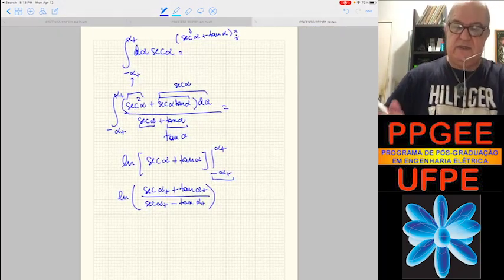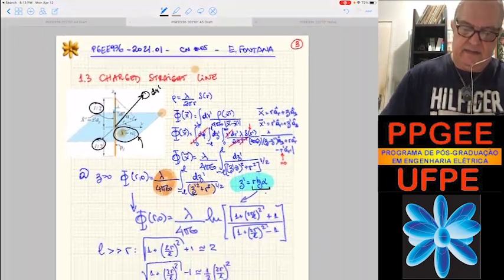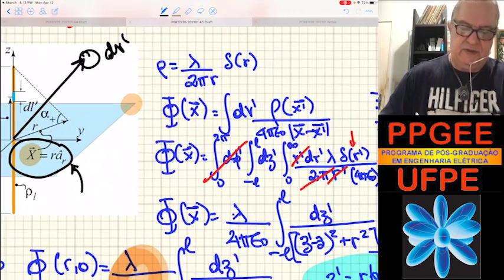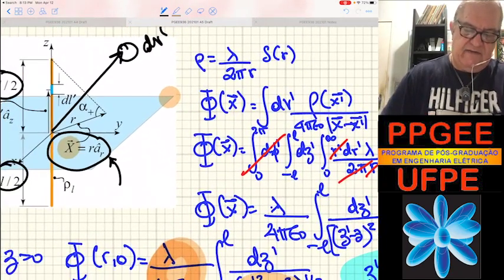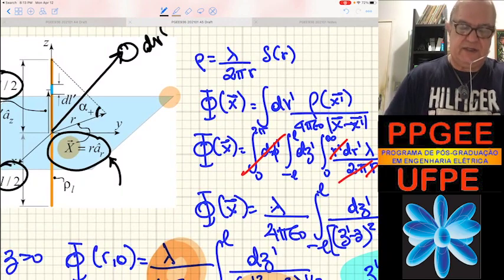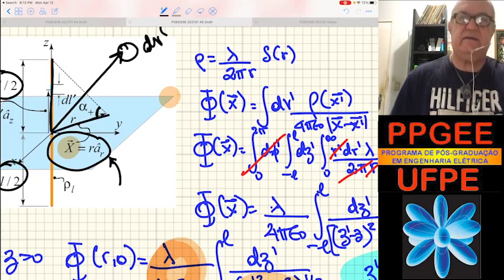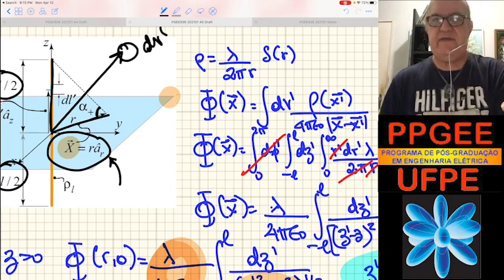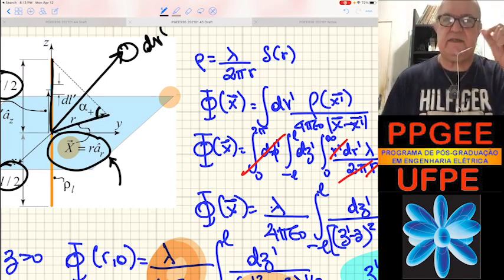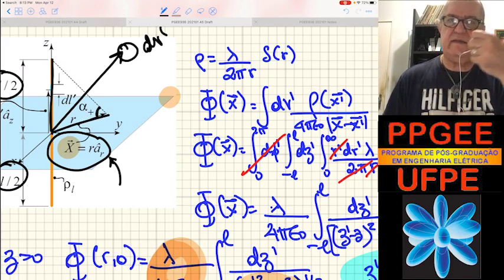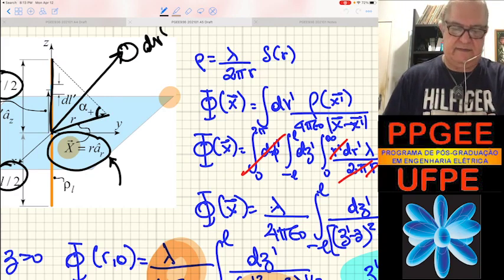So recall that the tangent of alpha plus is L over 2 divided by R. So we can express everything back in terms of the parameters: the length of the wire and the radial distance.